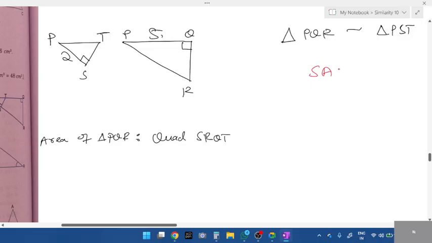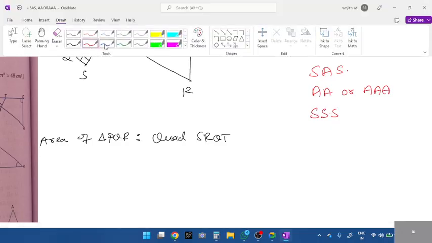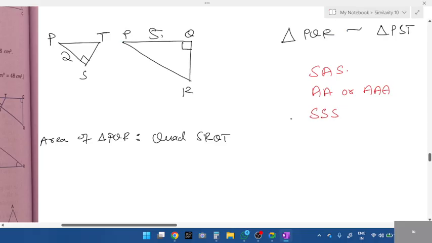Side angle side is one axiom. Angle angle or any two or three angles is another. Where is 4 to 5 here? Did you add any extra? You found any concept? That is congruence. RHS and all those are congruency. For similarity, how many types do we have?